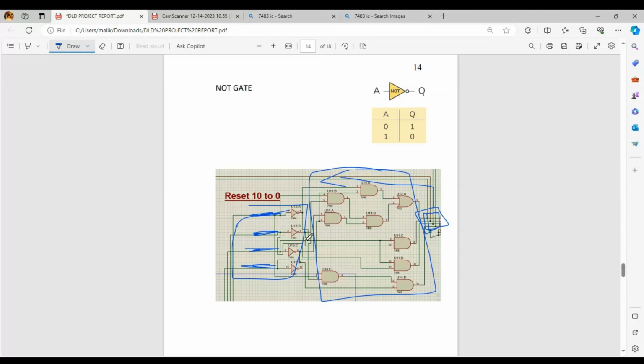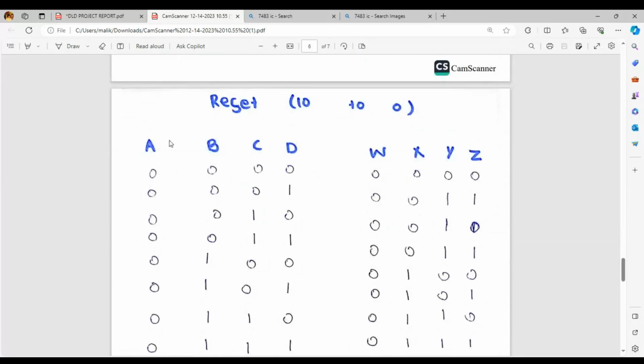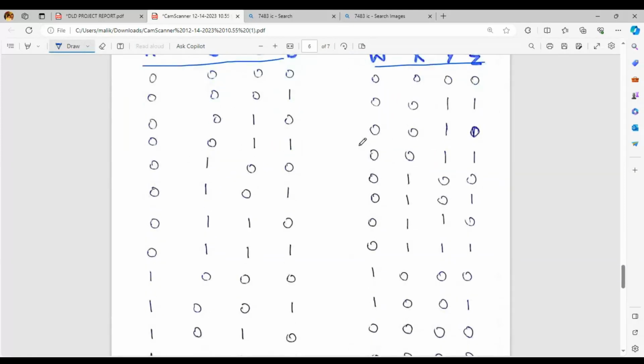The question arises, how we have designed this combinational circuit. Any combinational circuit always requires a function. We also made a function for this circuit which resets the 10 to 0. As I told you, it must have four inputs and four outputs, as the numbers are of 4 bits.